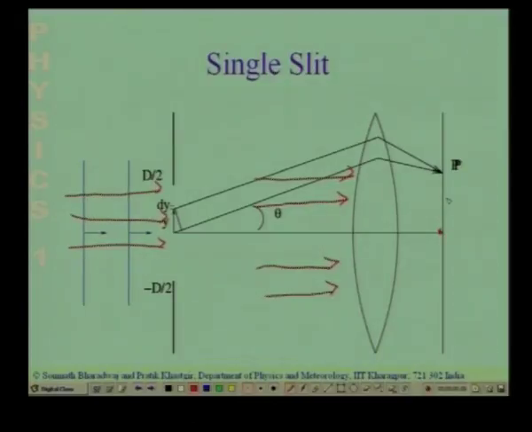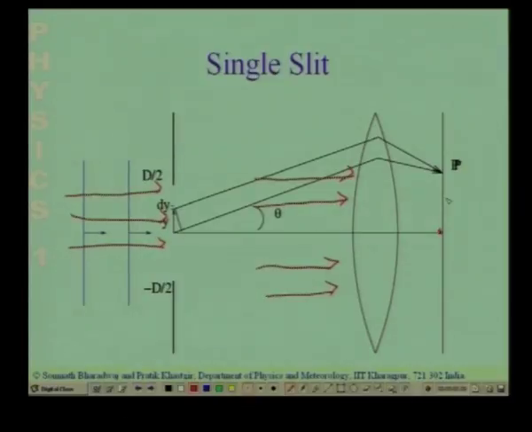So, if you were to interpret this situation, where you have light falling on a slit, using geometrical optics, what you would expect to see on the screen is a bright spot at the center. If all the rays in the incident wave had only a single wave vector, all the rays would be in the same direction and they would be focused to the same point.